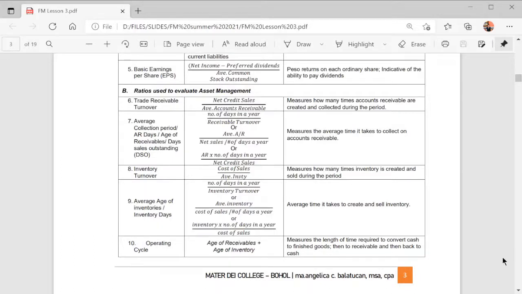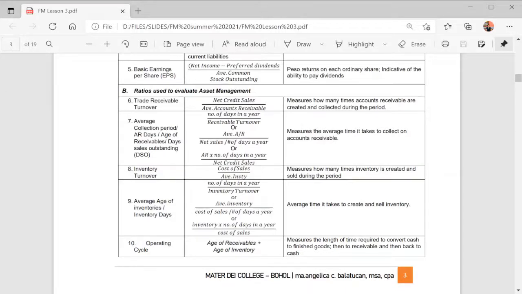So, what is the use of turnover? Whether it is RTO or ITO, the turnover will help you determine how many times, for example, receivable is created and collected. And for ITO, how many times the inventory is created and sold. So therefore, which is preferable for this one?